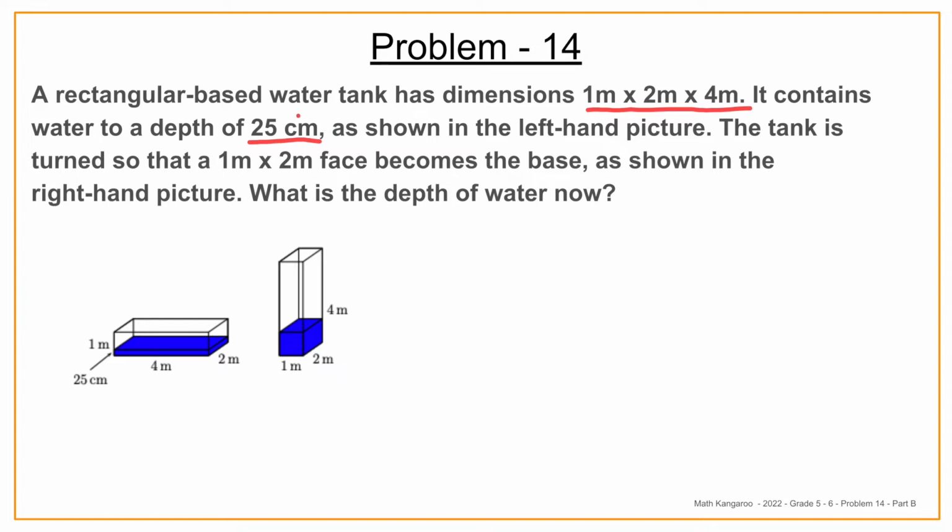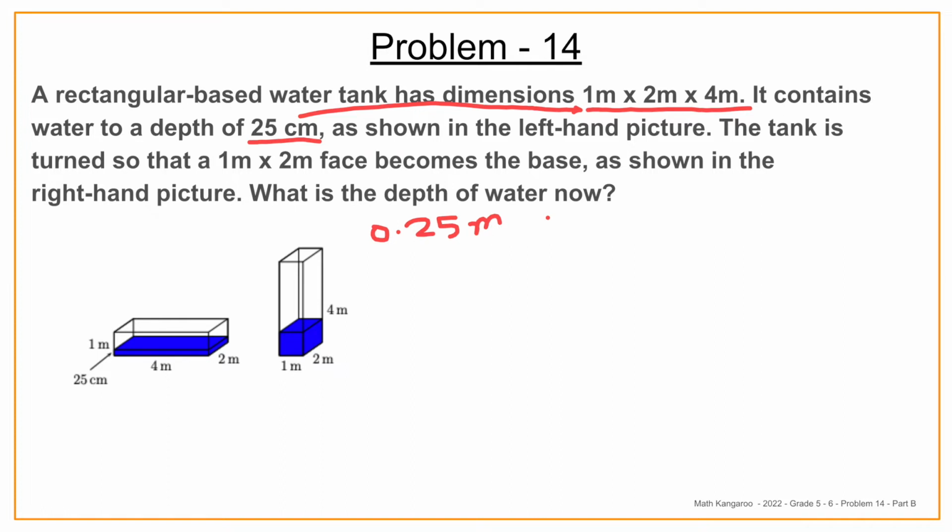So we have to convert this centimeter into meter to make it a proper calculation. So when we have to convert from a smaller unit to a bigger unit, we divide. So we divide by 100 because 1 meter is equal to 100 centimeter. So we divide 25 centimeter by 100 makes it 0.25 meter.